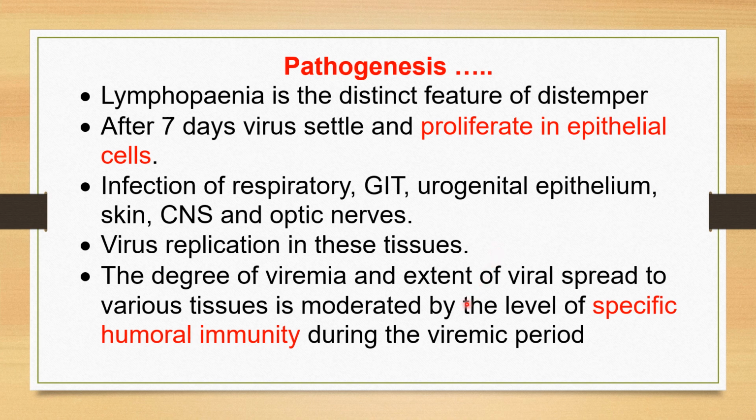The degree of viremia and extent of viral spread to various tissue is moderated by the level of specific humoral immunity during this viremic period. So for manifestation of clinical signs, this level of humoral immunity, antibody level, is very much important.